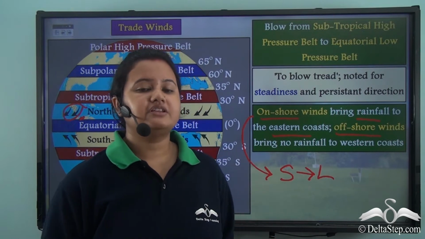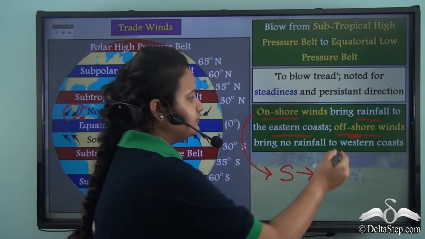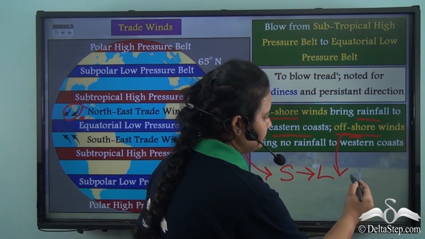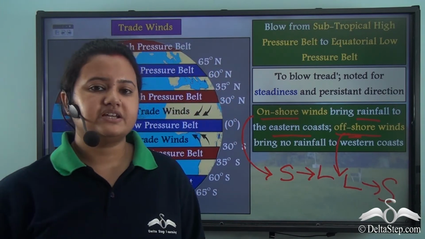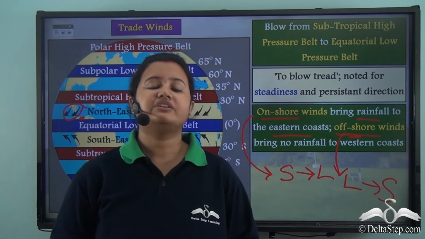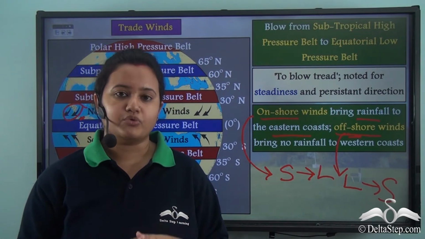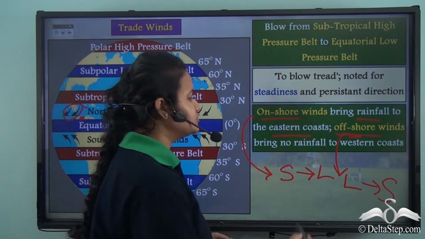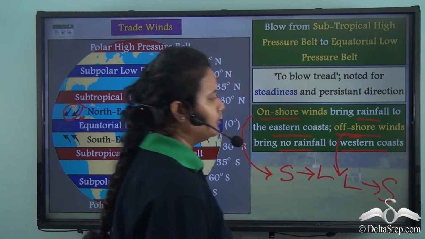Now, trade winds can also be offshore winds. Offshore winds are the winds that blow from land to sea. Since these winds blow from land to sea, these winds are dry, that is, they do not contain any moisture, and therefore, they cause no rainfall to the western coast of the continents.